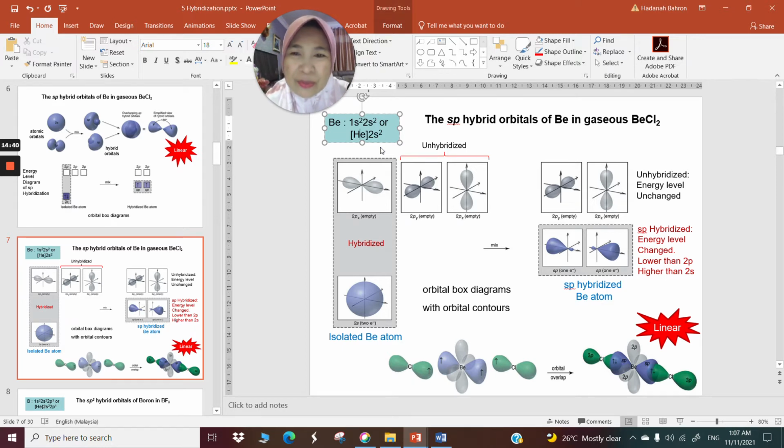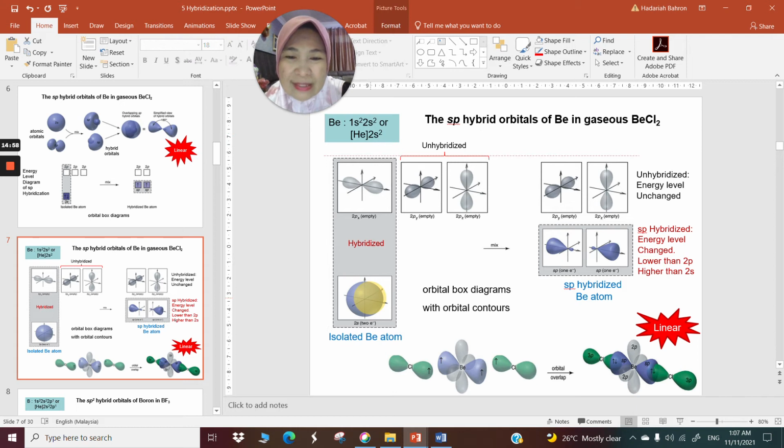Beryllium has an electron configuration of 1s2 2s2, or helium 2s2. That means in the valence shell, in the outermost shell, there are two s electrons in beryllium. So you have the 2s orbital here, and you have the 2p: 2px, 2py, and 2pz.